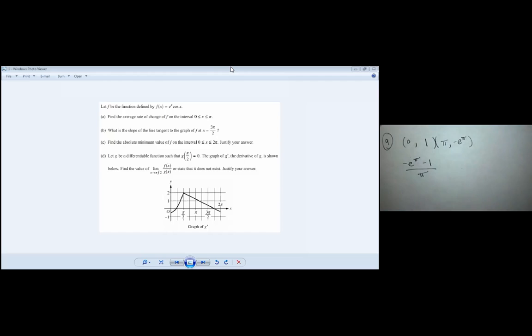Does anybody have any questions on letter A? Okay. Letter B, what is the slope of the line tangent to the graph at x is equal to 3 pi over 2? Angie, you there?